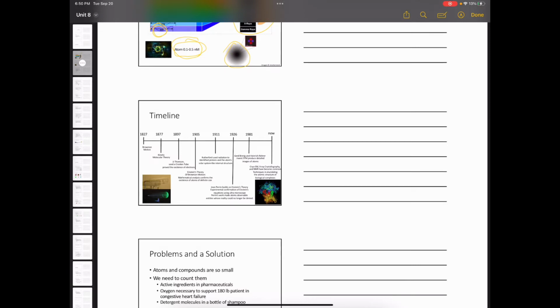That motion depends on whether the material is a solid, liquid, or a gas, and so on and so forth. Okay, and then we have Thomson, who used the Crookes tube to study the existence of the electron by ionizing the content of that tube, as you see here.